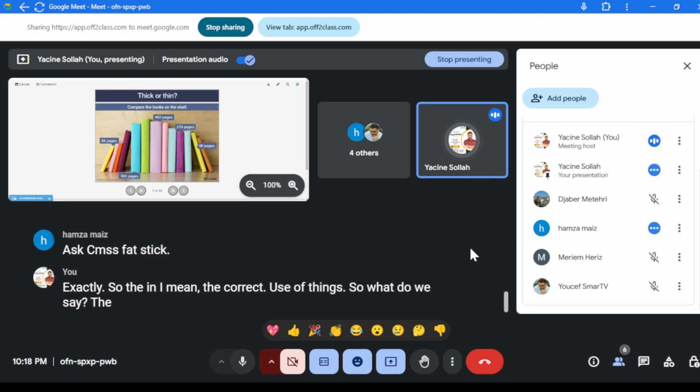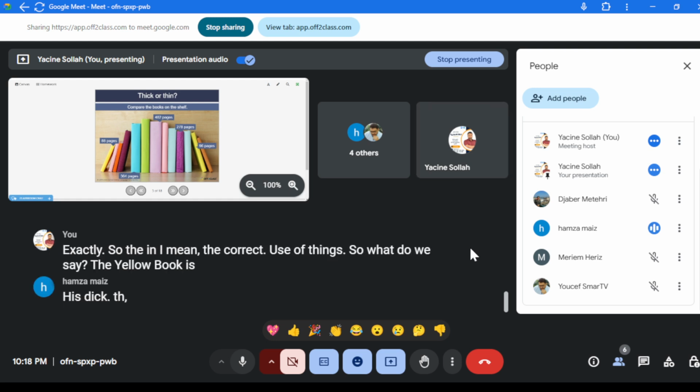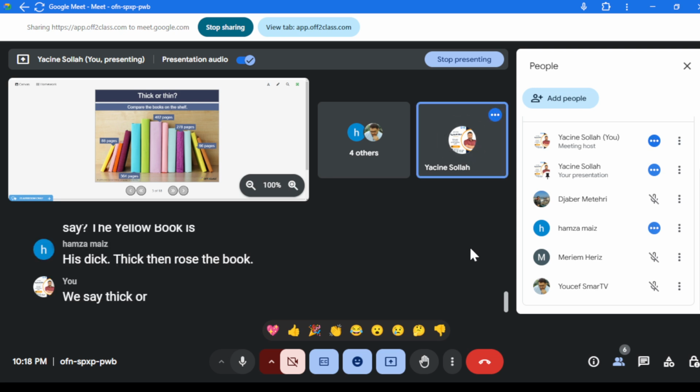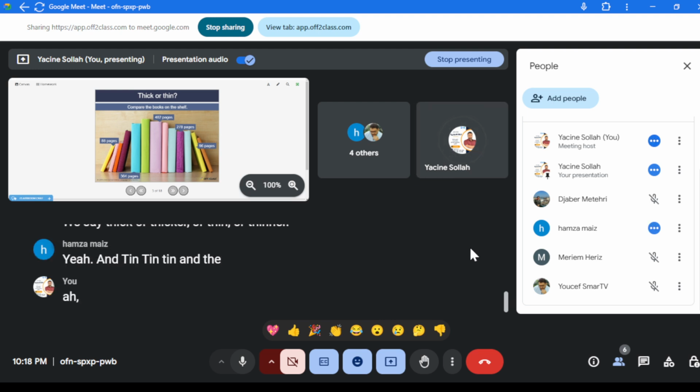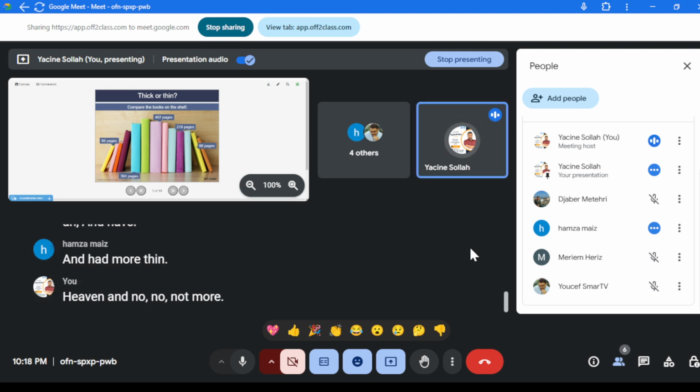The yellow book is thick than the rose book. We say thick or thicker, or thin or thinner. Thin means slim. Not more thin. Thinner than. So thinner.